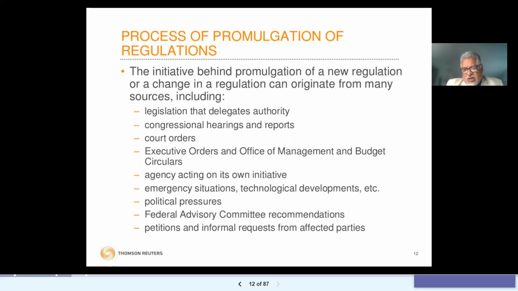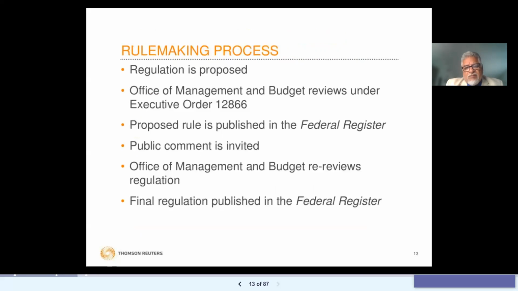Emergency situations, technological developments may prompt the agency to come up with new regulations. Political pressures are commonly the reasons why there are more regulations or less. The Federal Advisory Committee also recommends, so the part of the government, committees that are given by experts, and they give their advice, and petitions and informal requests from affected parties.